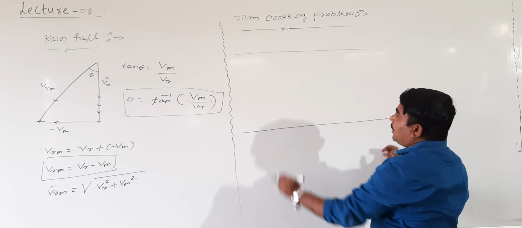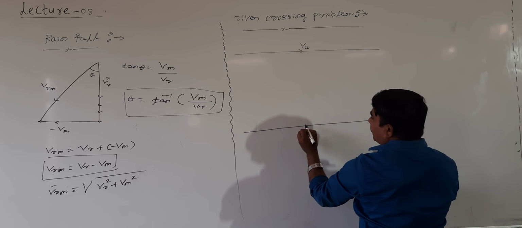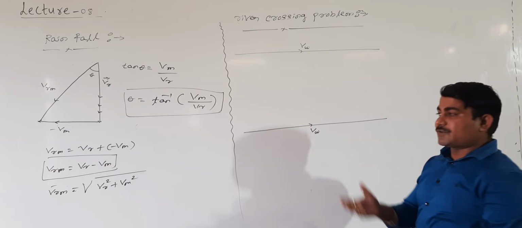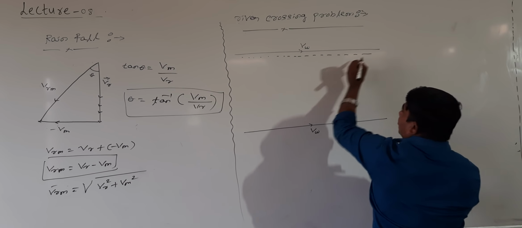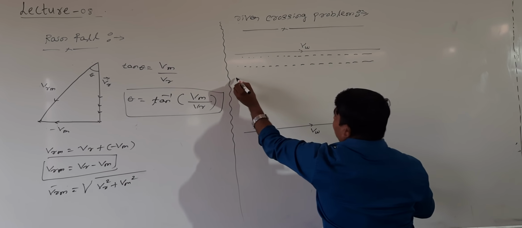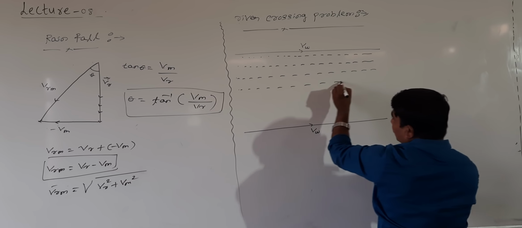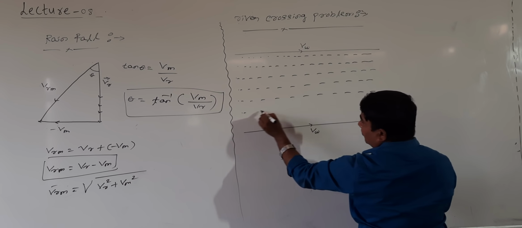Now let us consider Vw to represent the velocity of the river. This is nothing but the velocity of the river in this direction. Are you following? Consider this the river flow.